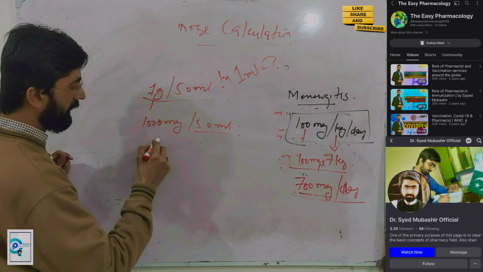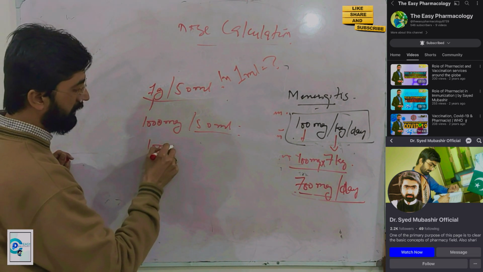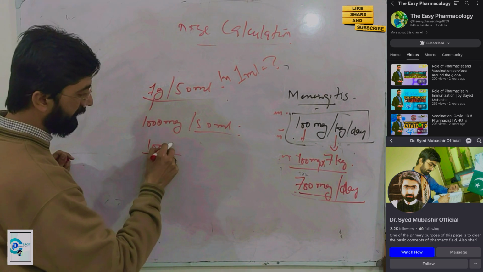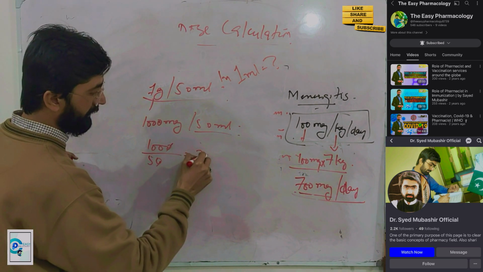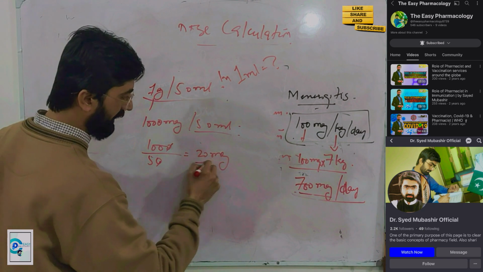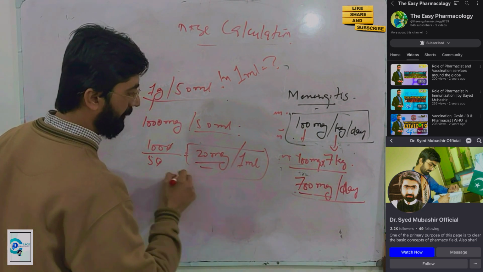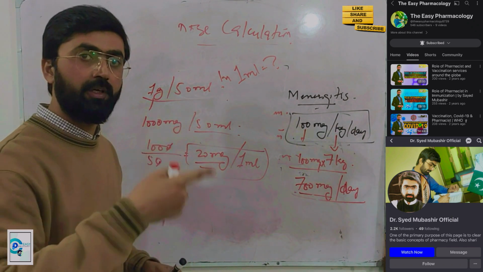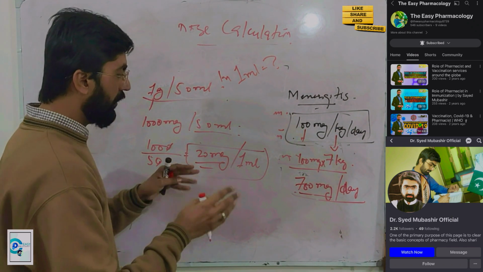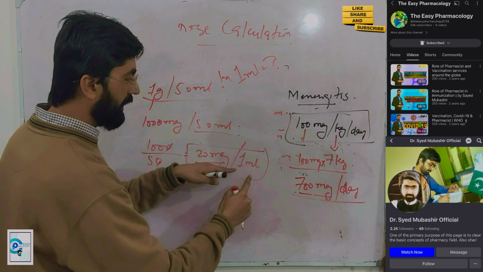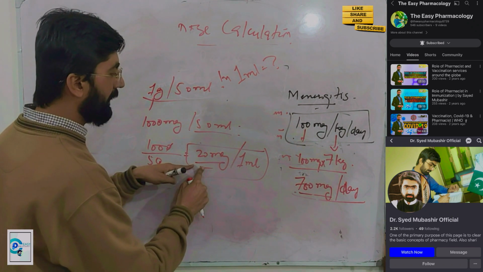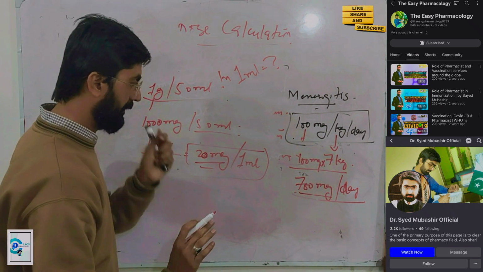Means if you calculate 1000 by 50, there will be 20. Means 20 milligram of the drug will be contained in 1 ml. This is the first step which you have to do. Now up to this you know that in 1 ml a total of 20 milligram of drug is present.